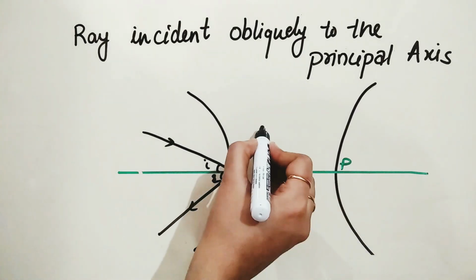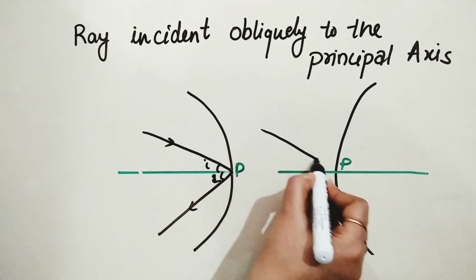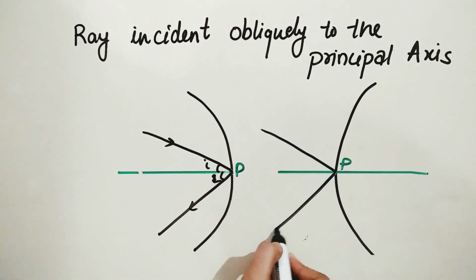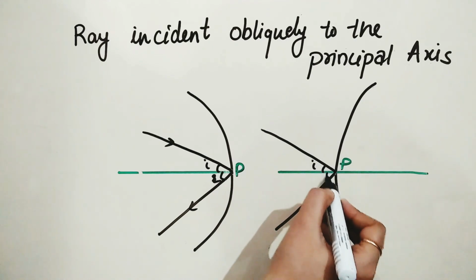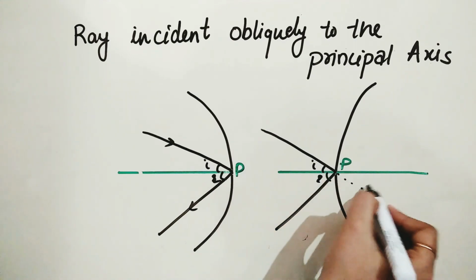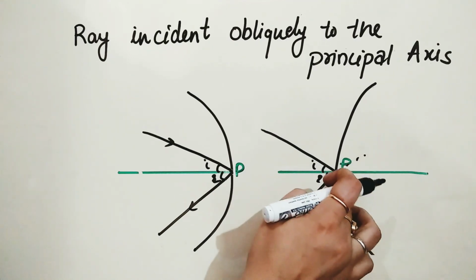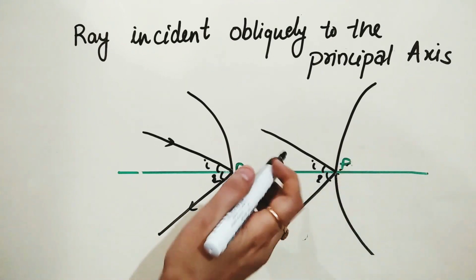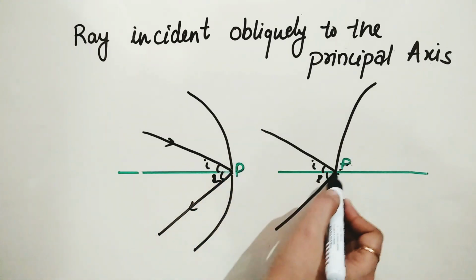In this case the diagram remains the same. If it is making angle I, it is reflecting while making angle R. We are not drawing these extended lines here, we are just showing this ray only.